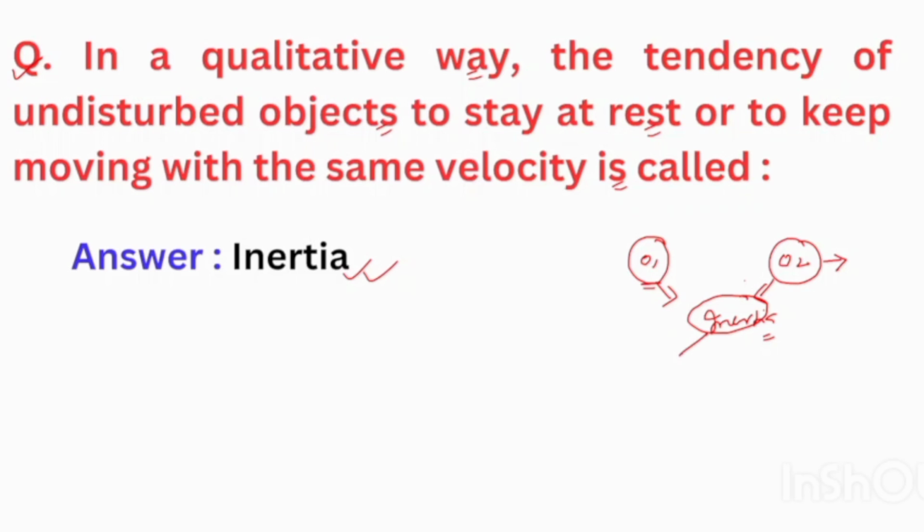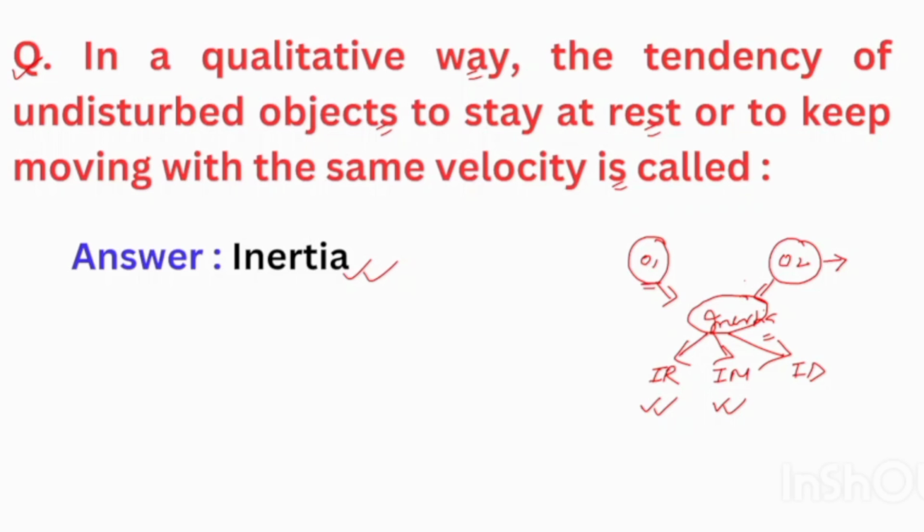Further, this inertia is of three types. First one is inertia of rest, second one is inertia of motion, and third one is inertia of direction. In inertia of rest, objects at rest want to stay at rest, and in inertia of motion, objects in motion want to continue their motion.